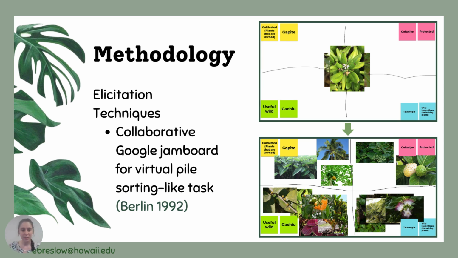My speakers were given this top image here where there were 4 quadrants and all the photos of plants were initially in the middle. And together, because it's a virtual whiteboard, they were able to move those images around collaboratively, the 2 speakers, to decide, is this plant cultivated, is it protected, a useful wild plant, or a remaining wild plant.